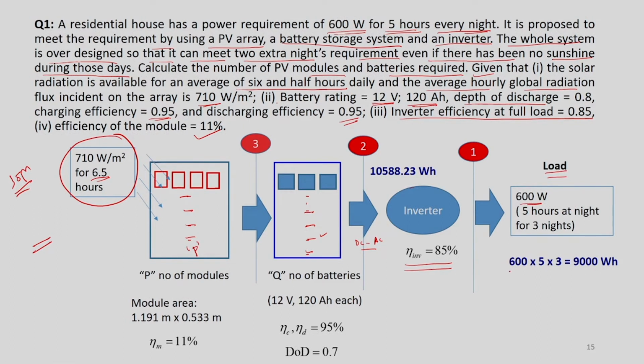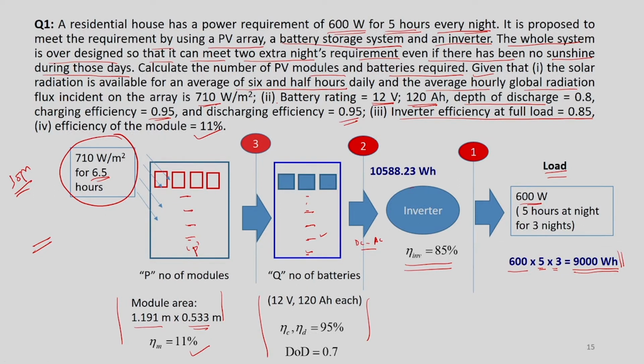If we calculate, 600 multiplied by 5 hours into 3 days, it will be 9000 watt hour is the load. These specifications are given, and also the module area is given as 1.191 meter multiplied by 0.533 meter, and efficiency is 11%.